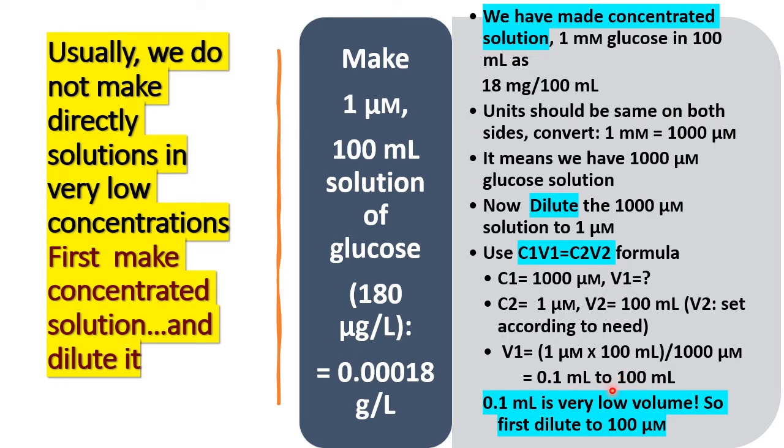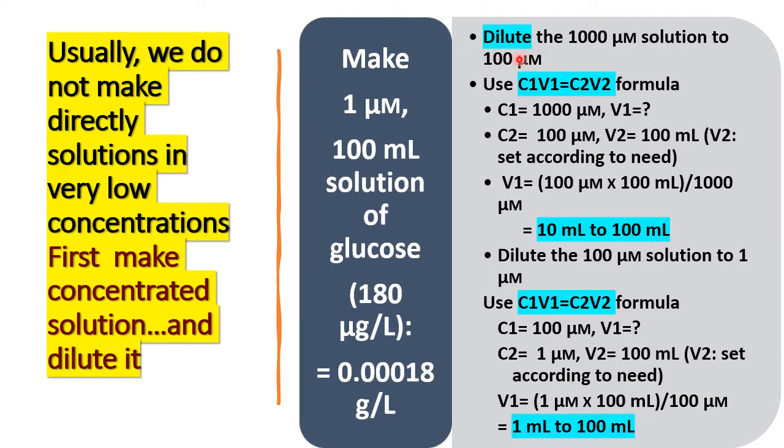So it's better we first dilute it to some middle value, like we may dilute this 1 millimolar or 1000 micromolar solution first to 100 micromolar and then dilute this 100 micromolar in the next step to 1 micromolar. Let us see how we are going to do this.